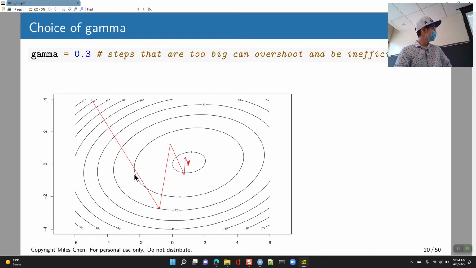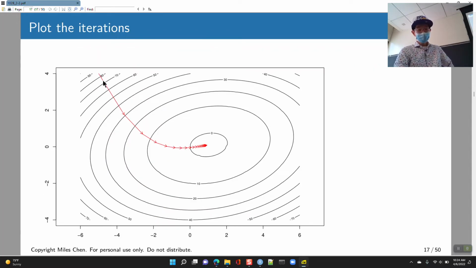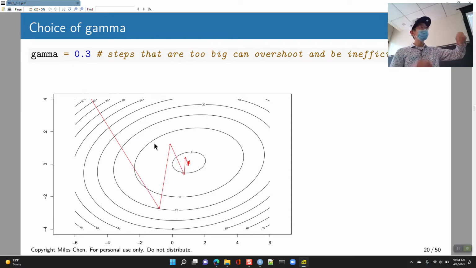We went so far. Okay, so when we started here, and we took a small step, we're still kind of going downhill. But over here, we took such a big step that we actually ended up on the other side of the paraboloid. Okay, so this paraboloid is this bowl, and it's kind of just saying which way is to the bottom. You're on one side, and you say, okay, well go north, and that will get you towards the bottom.